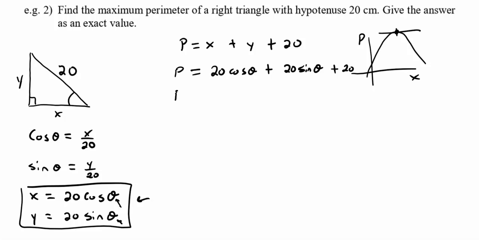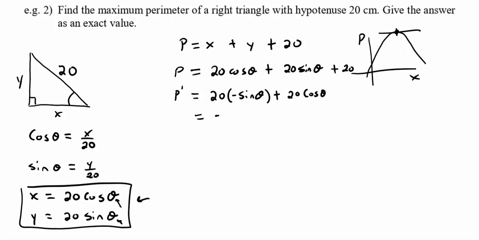So now we'll take the first derivative. So this would be 20, and then instead of cos theta, this is going to be negative sine theta. And then 20, and then instead of sine theta, this is cos theta. And then plus 0, so I'll just leave that last part out.